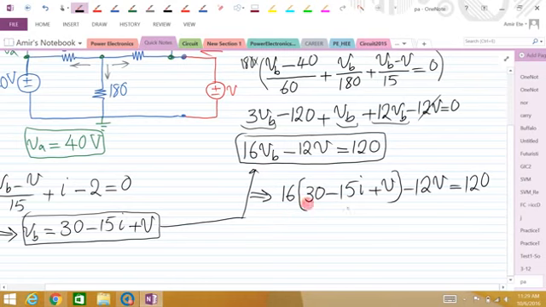So I can further simplify this. Number one, I can divide everything in this equation by 4 to make it simpler.